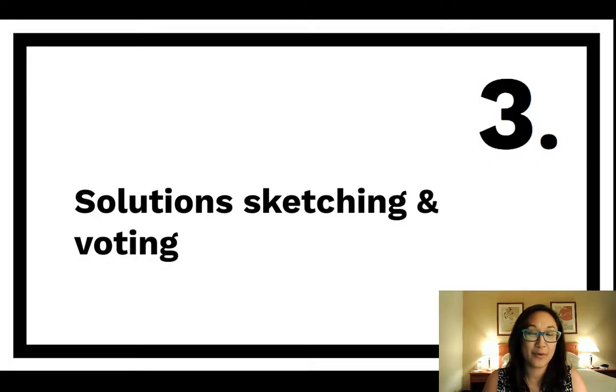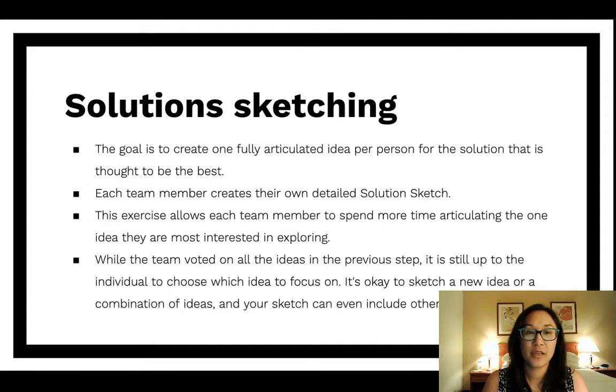So now we are at the solutions sketching and voting, meaning that we will be starting to draw out our individual solutions based on the most recent voting exercise. Solution sketching just means that you're going to take the idea that was most voted on your crazy 8s sheet, and you're actually going to start drawing different parts of that experience.